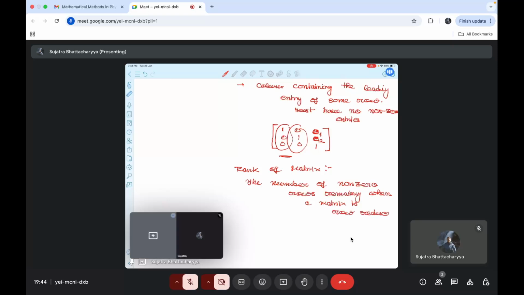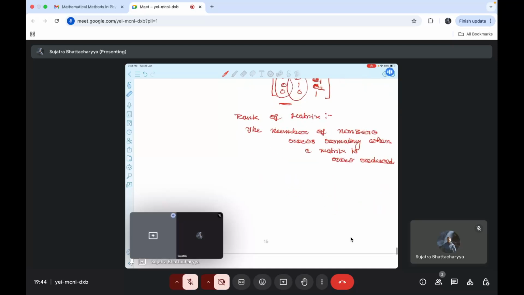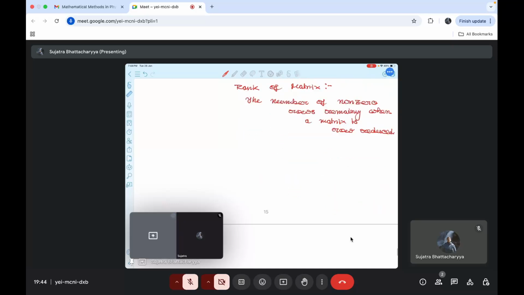Okay, so this is how the rank definition is done. We will take an example and try to illustrate how we can calculate the rank of a matrix. Once we calculate, we will stop there.